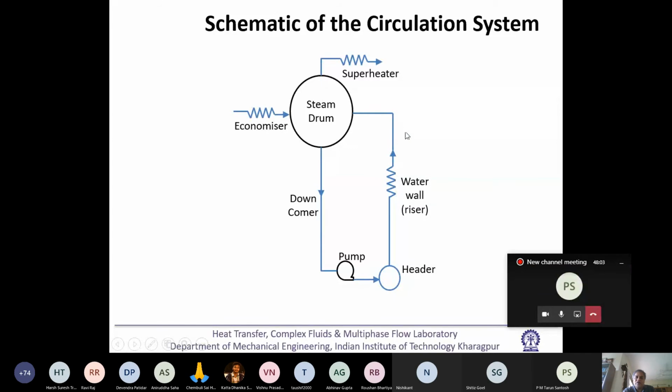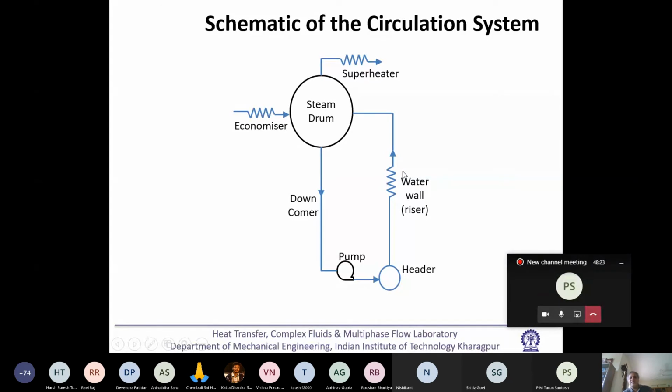If there is a dry section of the tube, it will get overheated, and that may develop some sort of leakage or crack. That is your tube failure. We cannot afford this, so the tube has to run full with water with less amount of steam.